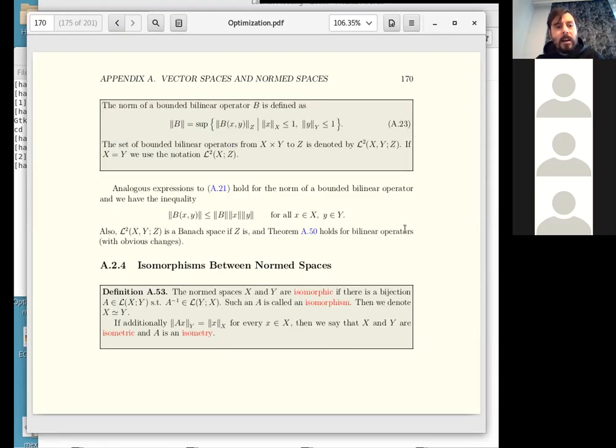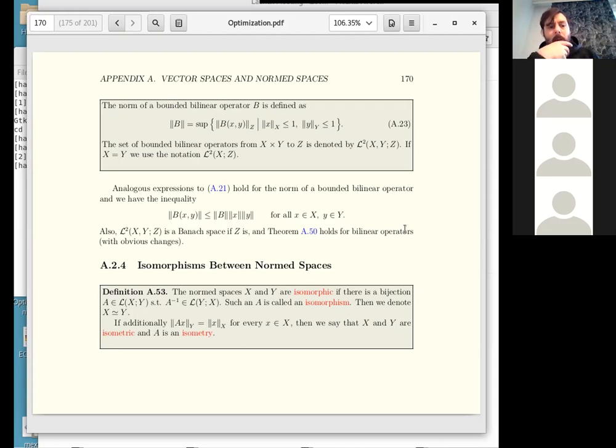Here's a concept of isomorphism between spaces. It's just that if there's a bijection between two spaces, meaning that there's a linear operator that maps between these two spaces, and its inverse maps back in the other direction.